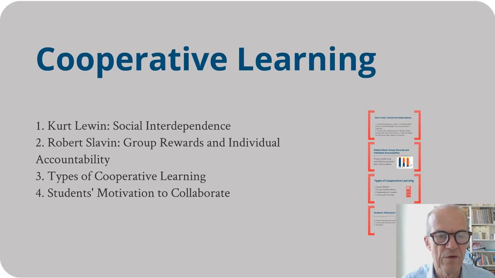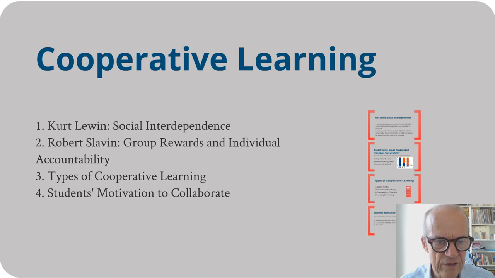First, cooperative learning. There is, again, a sort of fundamental concept here, and also a researcher who has had great influence in the domain of social psychology, also related to education, and that's Kurt Lewin.